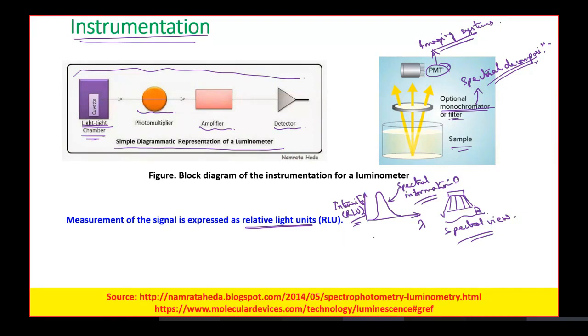Or if you want to go for the relative light readers, the cheaper ones, they will not decompose the light. They will just have a photomultiplier, amplifier, and detector. So you will not have any wavelength specific information.